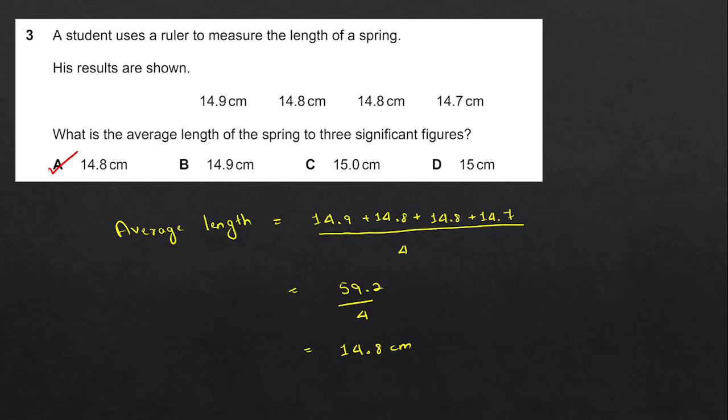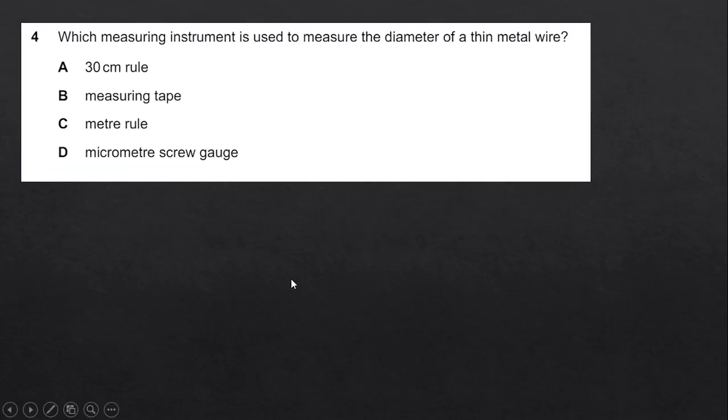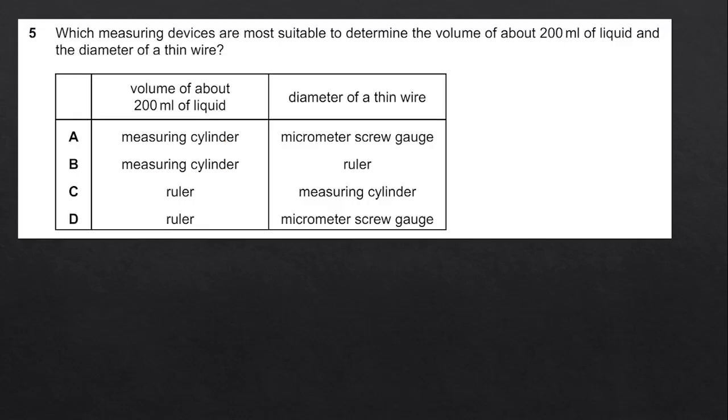Let's look at the next question. Which measuring instrument is used to measure the diameter of a thin metal wire? To measure the diameter of a thin metal wire, we'll use a micrometer screw gauge. So the correct answer is option D. Let's look at question number 5.